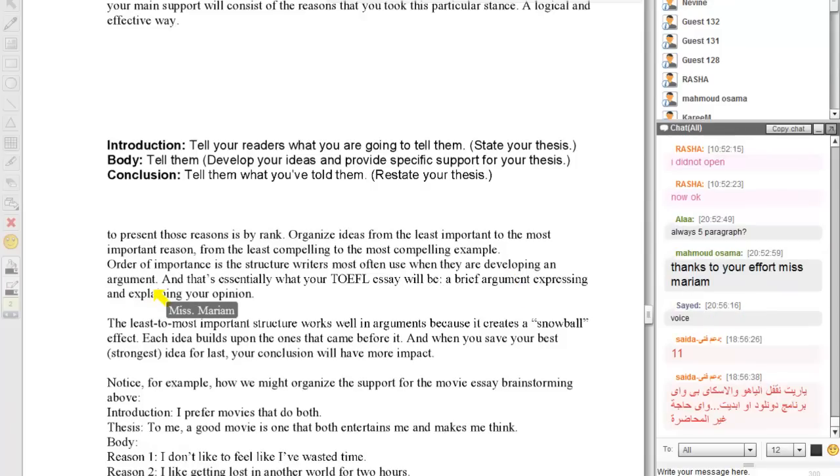Like if you're having an argument, first you state the least important detail or idea.